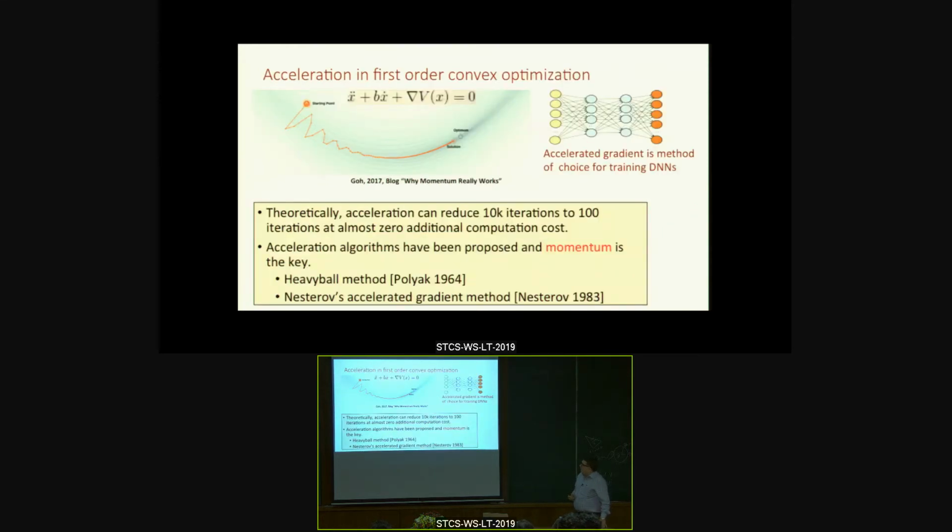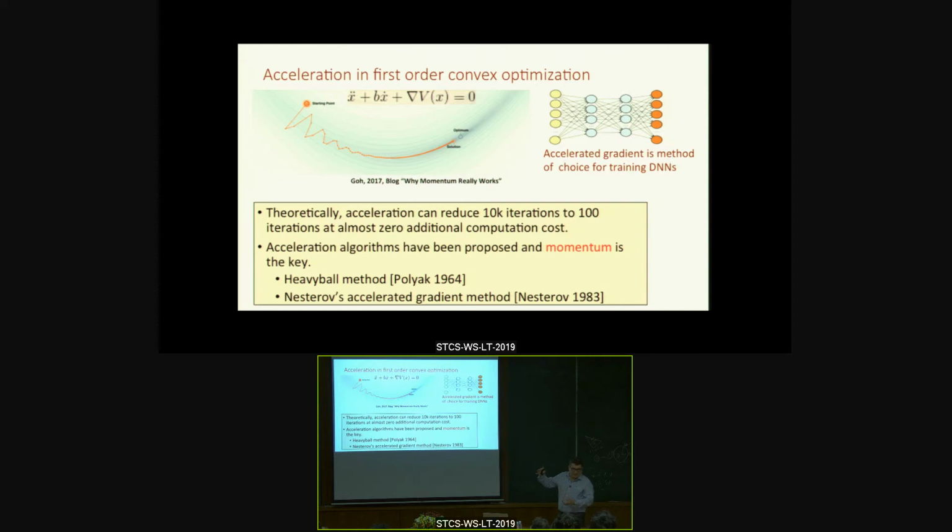The phenomenon of acceleration, as we'll see throughout the talk, essentially boils down to going back to the work of Polyak in the 60s, the so-called heavy ball method. The idea is that if you think about gradient descent as just following the gradient of a vector field, or having some kinematic model where you follow a differential equation x dot equals negative gradient of V, the accelerated methods typically try to simulate a second-order dynamic.